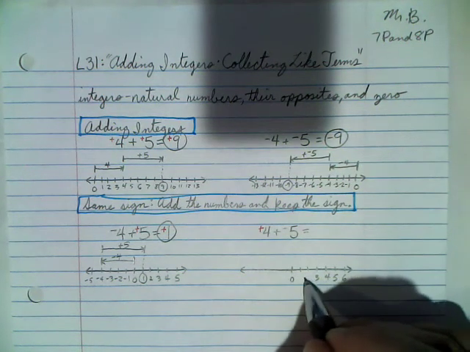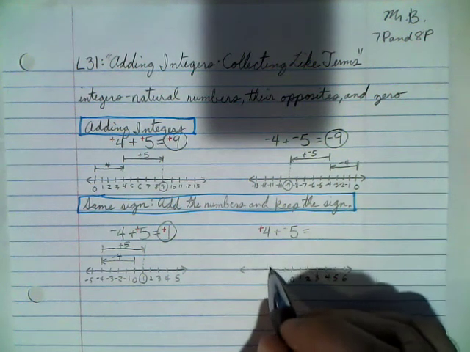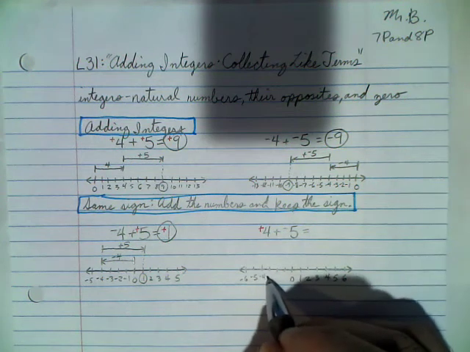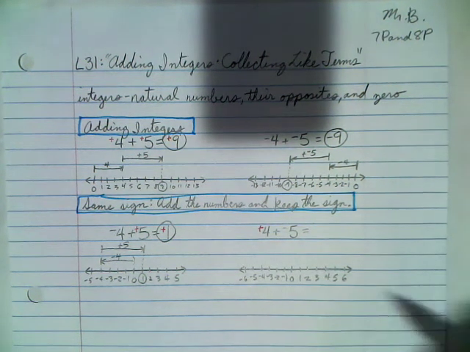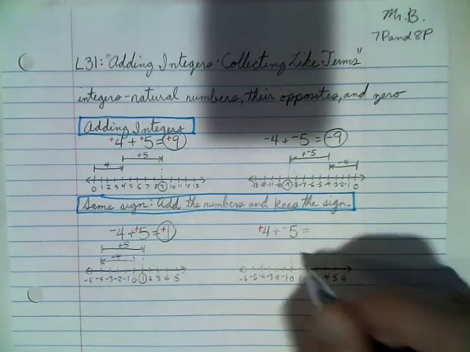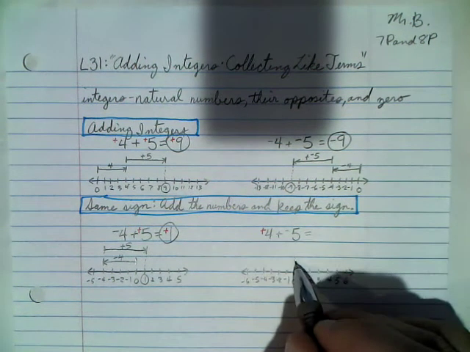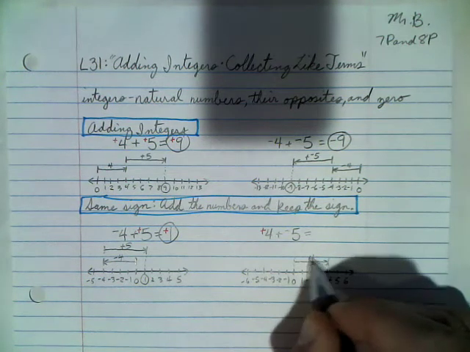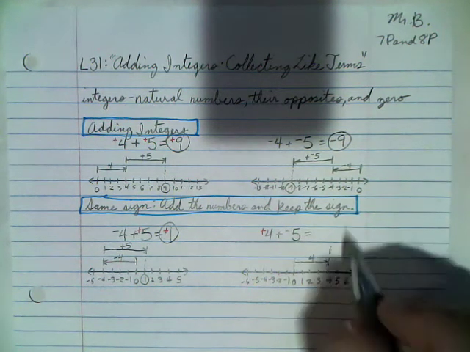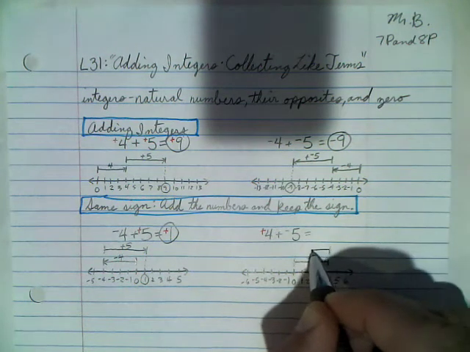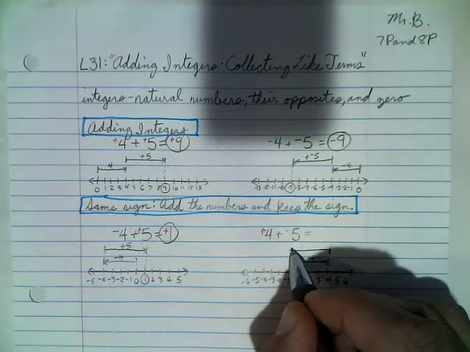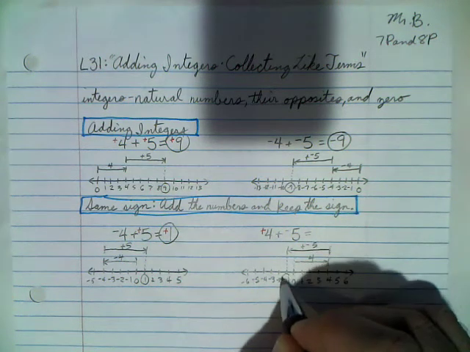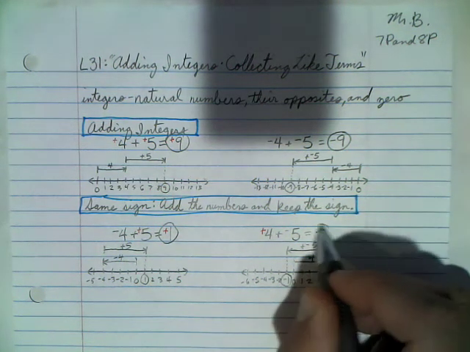At least 5. Same idea here. I'm going to start at 0. Positive 4 this time tells me to go 4 to the right. So there's my 4. And then if we start here, plus a negative 5 would send me 5, 1, 2, 3, 4, and then 5 to the left. So my answer is a negative 1.